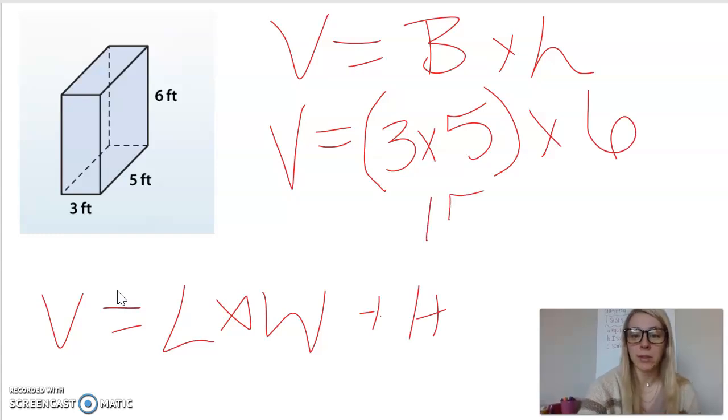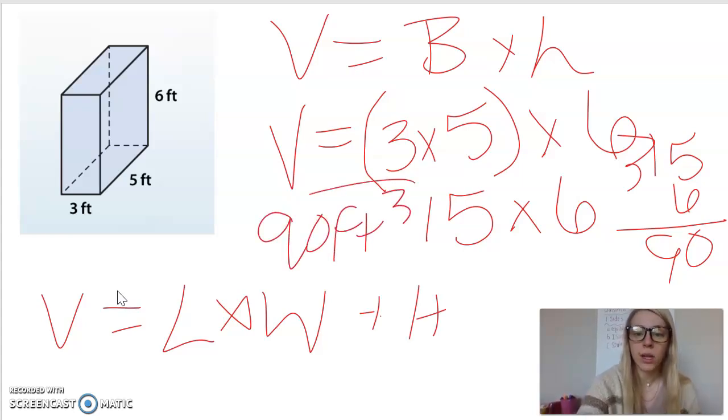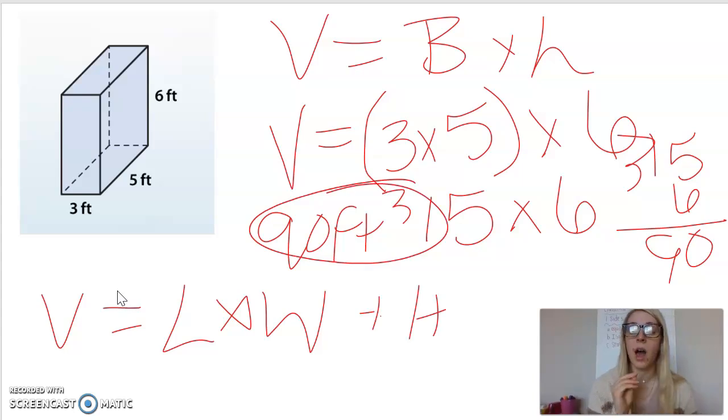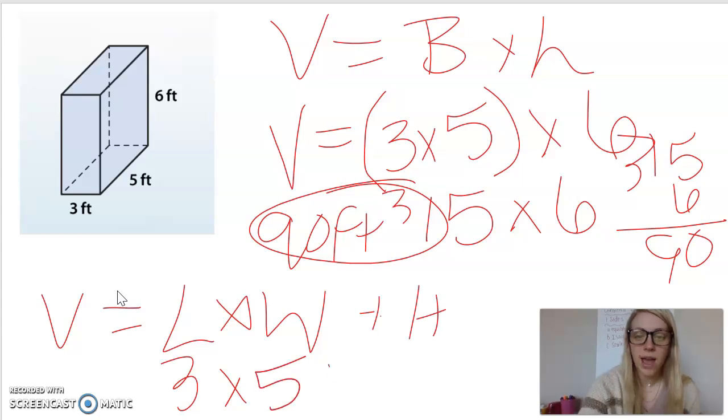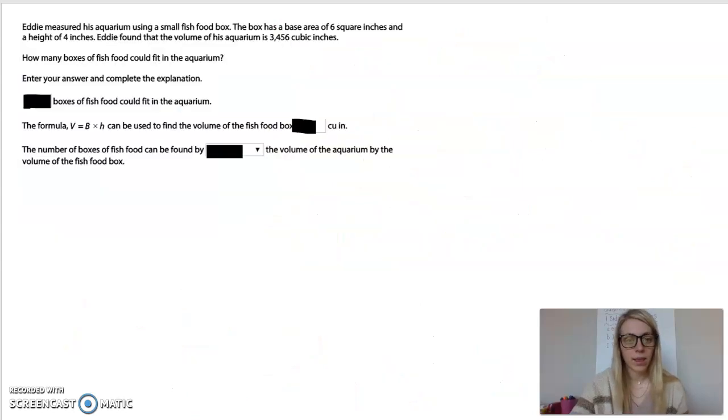So we know that 3 times 5 is 15, then we have to multiply it by 6. 15 times 6 equals 90. Okay, so our volume is going to be 90 feet cubed because we are working with a cube. Now, if we just did it 3 times 5 times 6, we would get the same exact answer, just in a different way. Okay, moving on to our next slide.